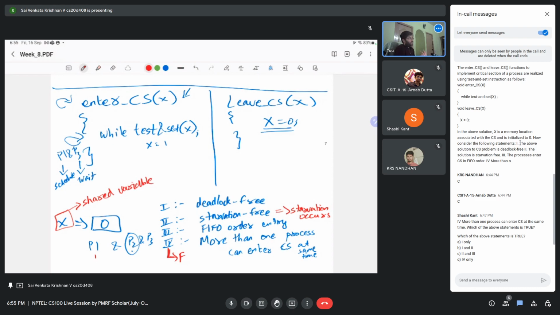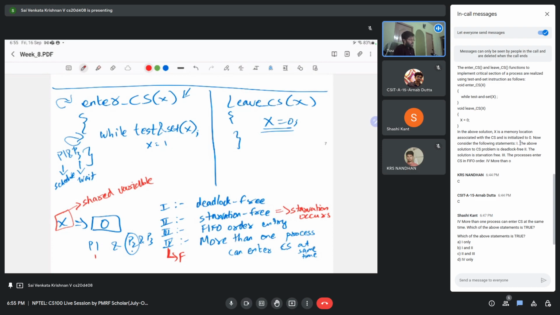But in this case, if three processes are there and only P1 and P2 enter, what's the guarantee that P3 can enter the critical section? It might be left out, it might not be scheduled also. There might be such a scenario, right?